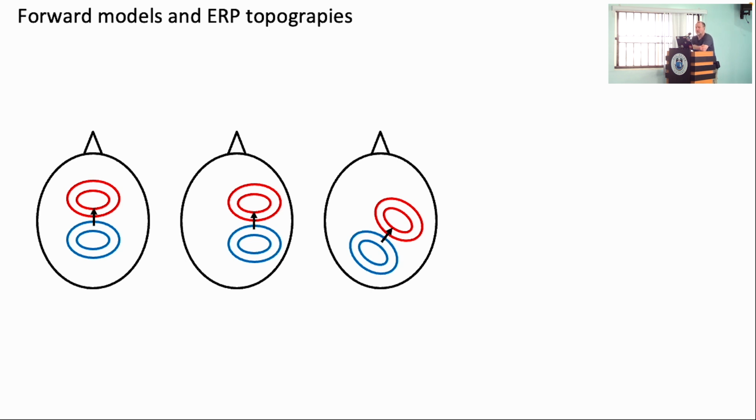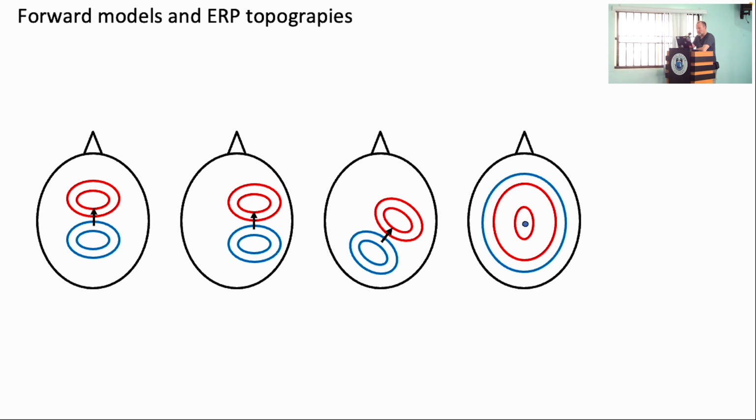It doesn't mean that the brain rotates, the brain is just fixed, but it means that with this very complicated cortical folding pattern, the dipole, which is in the cortex, the equivalent current dipole with which we model the cortex, is in a slightly different cortical fold that is oriented differently.